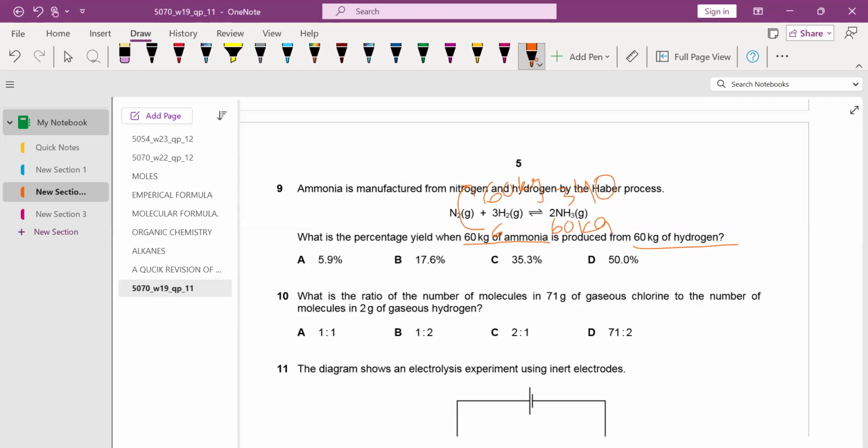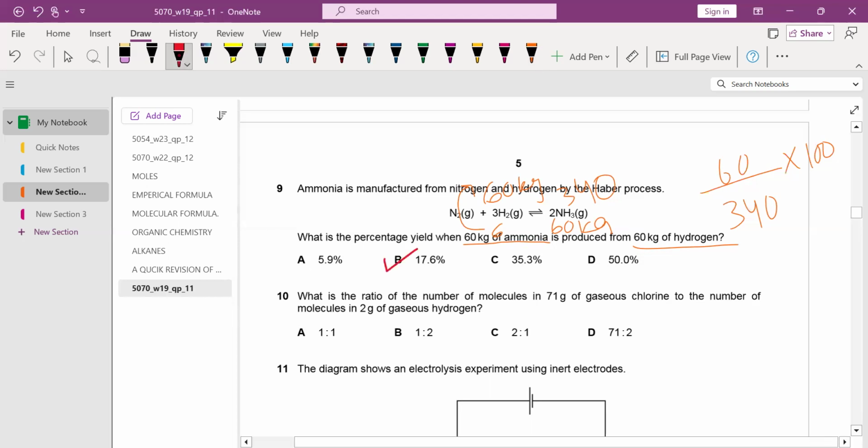Now what you have to do is put this 340 down here, 60 up, and times 100. So when you divide 60 by 340 and times 100, it gives the answer 17.6, which is the correct answer for question number 9.